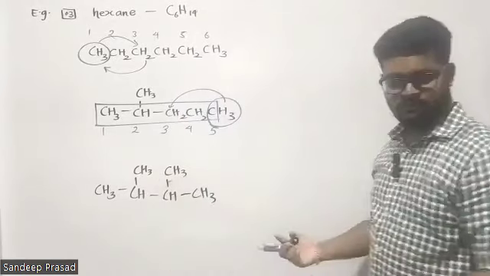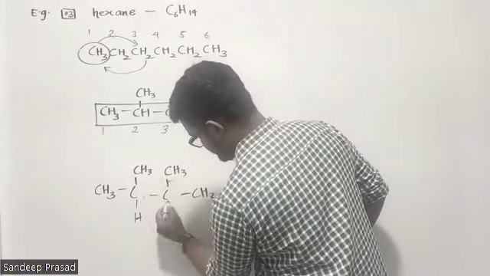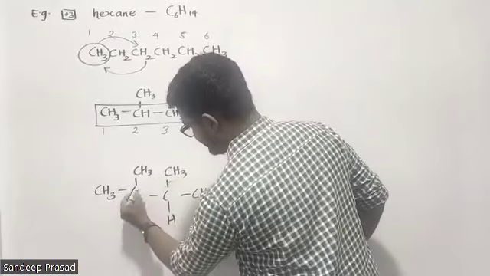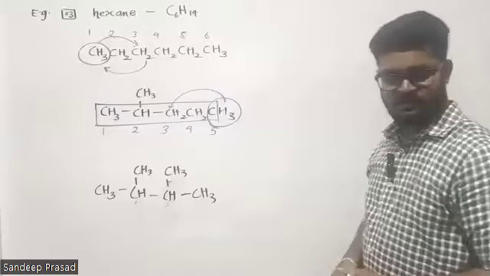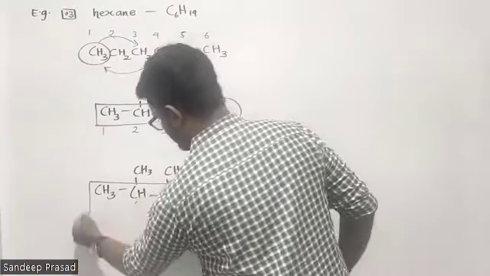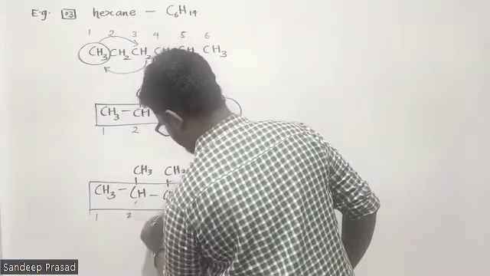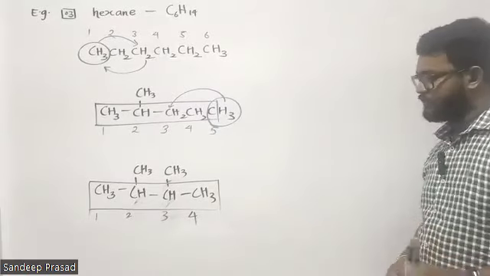Okay, fine. This hydrogen can be drawn in this way also, but this is convenient for us. Now how many carbon atoms are there? 1, 2, 3, 4. Reduced to 4.